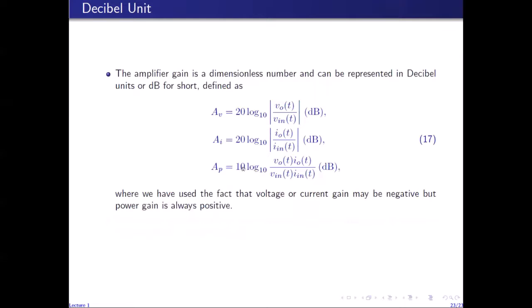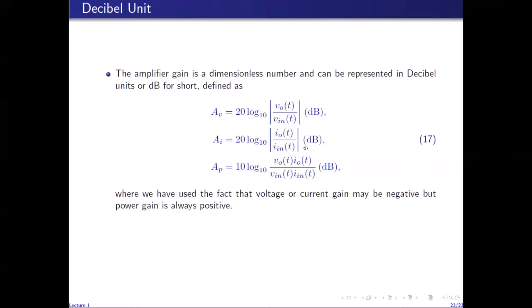However, care must be taken, because for voltage gain, we multiply the log with a factor of 20, whereas for power gain, we multiply with a factor of 10, because this current here, for example, in the numerator can be expressed in terms of V naught. Similarly, this current here in the denominator can be expressed in terms of V in. So we'll have a ratio of voltage squared.